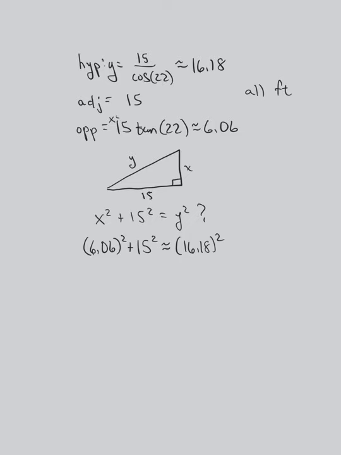So I'm computing the left side, and on my calculator it gives me about 261.72. Again, I should have written a question mark there. And then I'm typing in 16.18 squared on my calculator, and that gives me 261.79. And so that's reasonably close. I would probably be okay with that check right there.